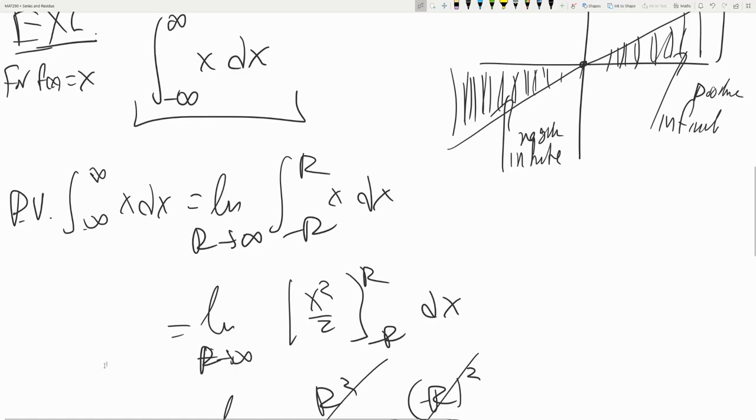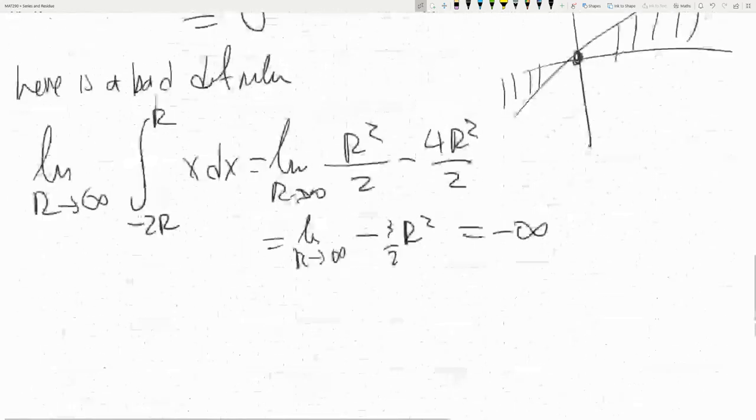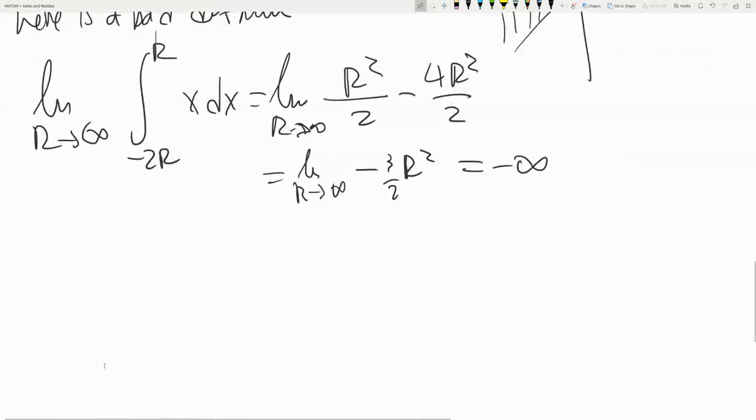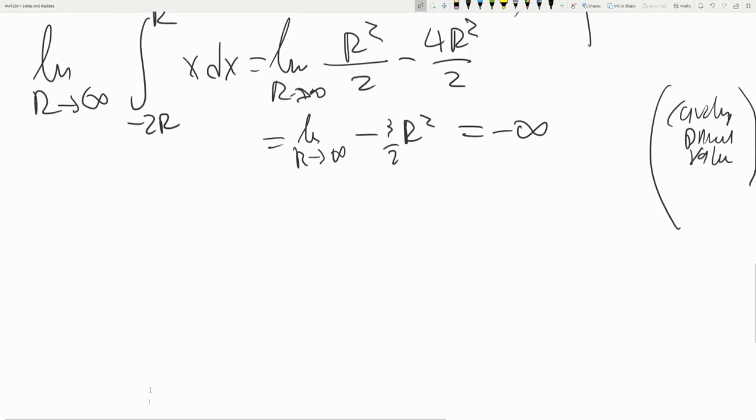Okay, anyhow, so that's what is called principal value. There's many principal values. This is one of them, the Cauchy principal value. There's many types, Hilbert. Okay, that's good.